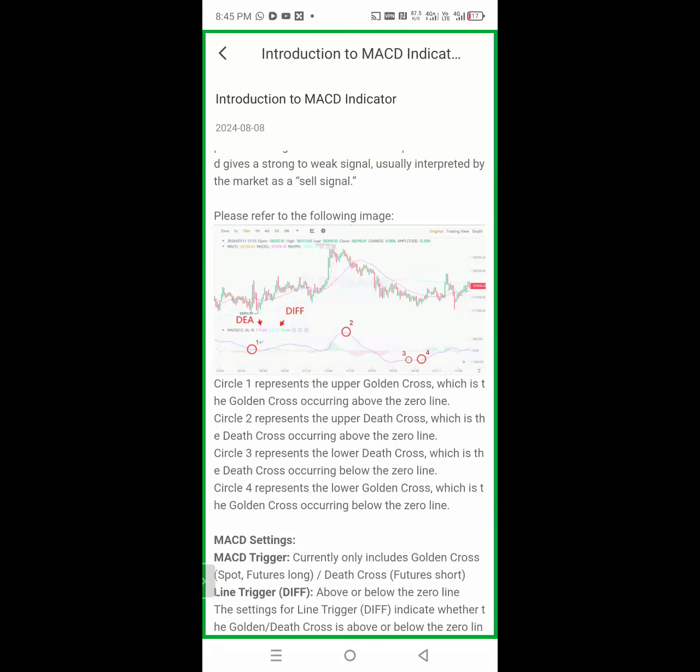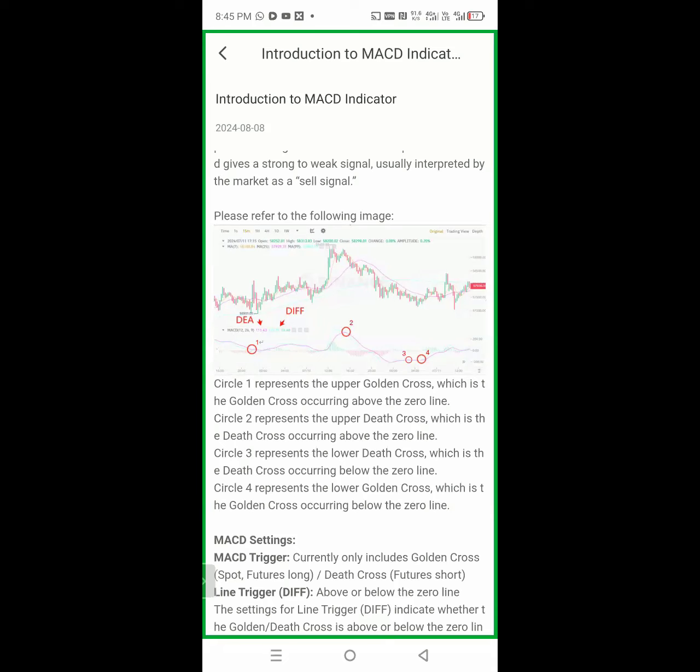So look at this chart now. Death cross happens 2 times. Golden cross happened 2 times. Are we following? If we are following this class, please write 2 in the chat box, because I'm about to ask a question.